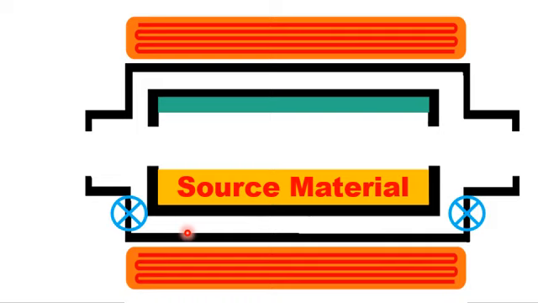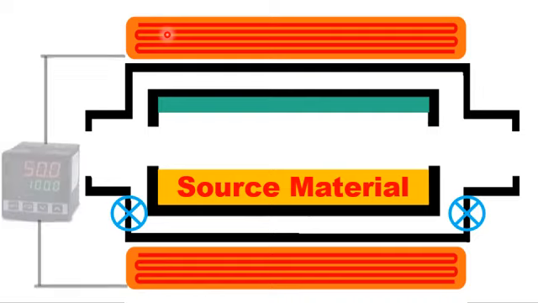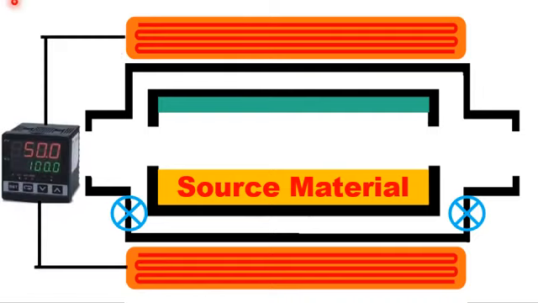Okay, so when the heaters are incorporated inside the reaction chamber, the interesting factor here is that the closed space sublimation apparatus has a temperature controller in it. The temperature controller is a very important device. Basically, the temperature controller is connected like this with the heater.